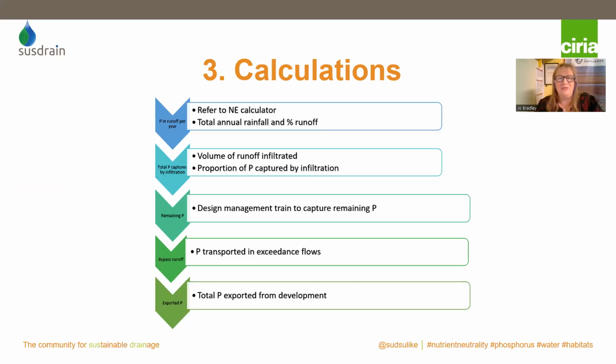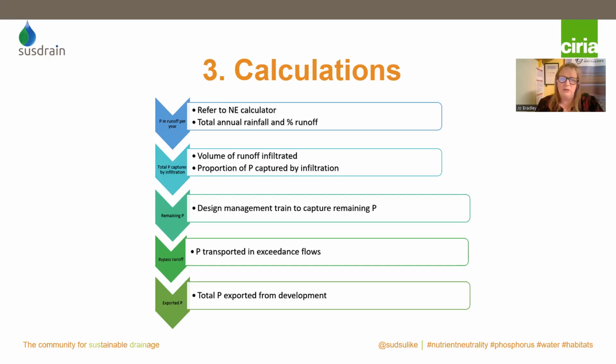And then if you have some phosphorus left that you have to mitigate, which is most likely, then you can use good SuDS to mitigate some of that phosphorus load. You cannot use SuDS to deliver mitigation for all of your phosphorus load from your urban and residential land use, because SuDS won't capture it all, but you can certainly reduce that phosphorus load and therefore reduce the amount that you need to offset.